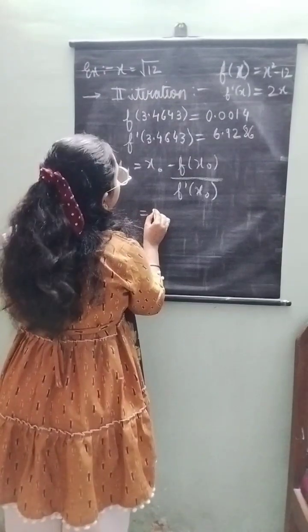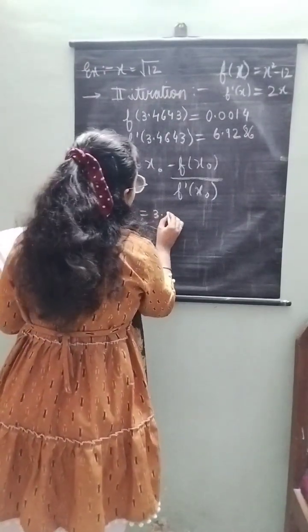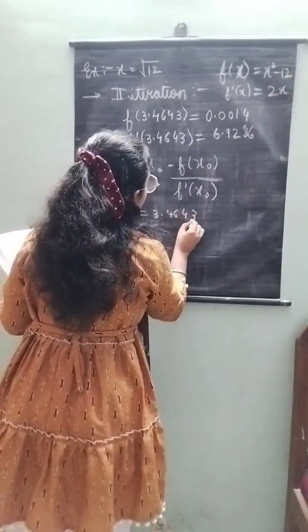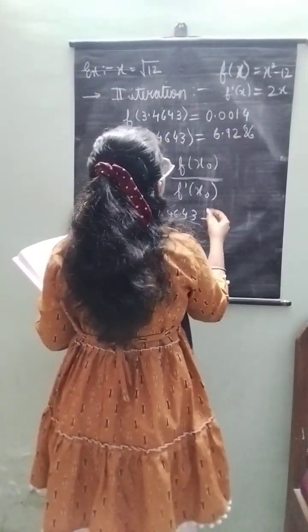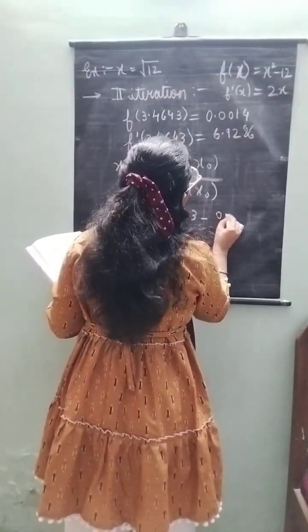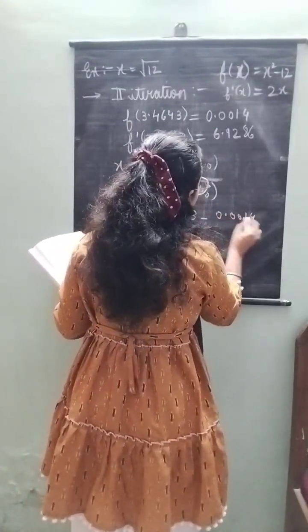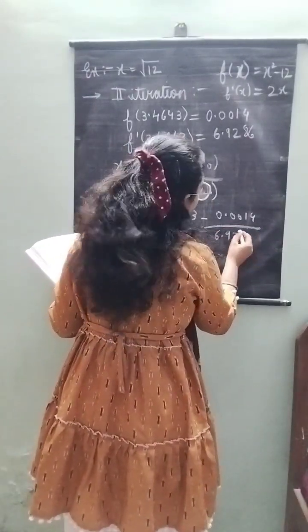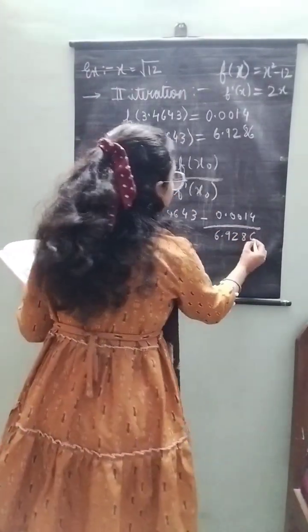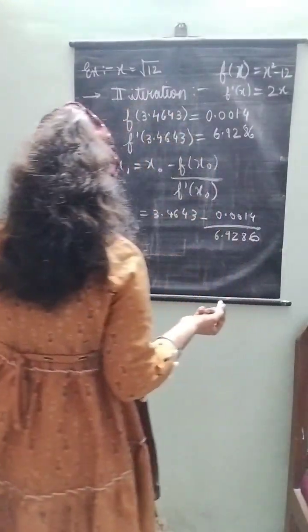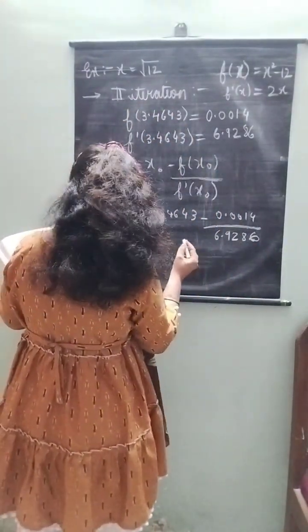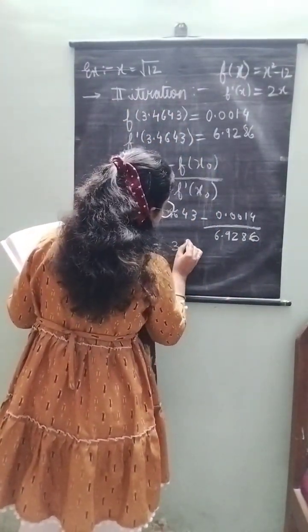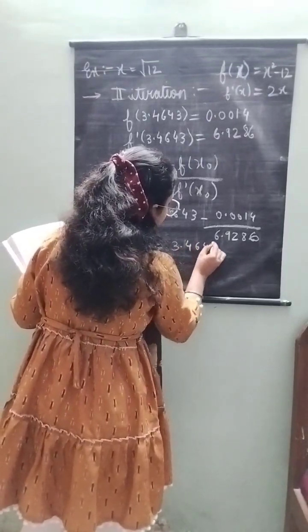It will be 3.4643 minus f of x, which is 0.0014, upon 6.9286, and it will give the value 3.4641.